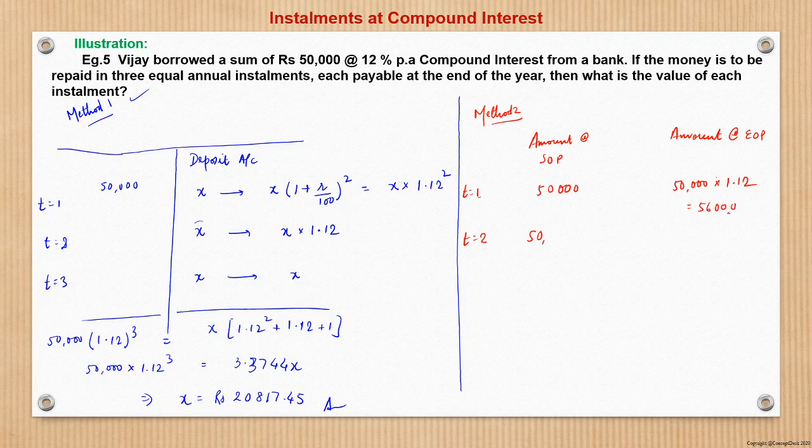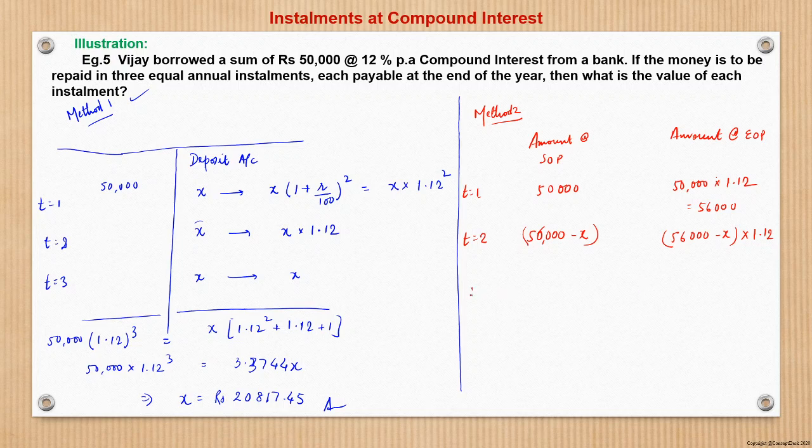This is the end of the period amount. However, x amount of installment is being paid, so the outstanding 56,000 minus x, right? This becomes the outstanding principal at the start of the period, and interest of 12% will be earned over this. So that will be nothing but 56,000 minus x into 1.12.